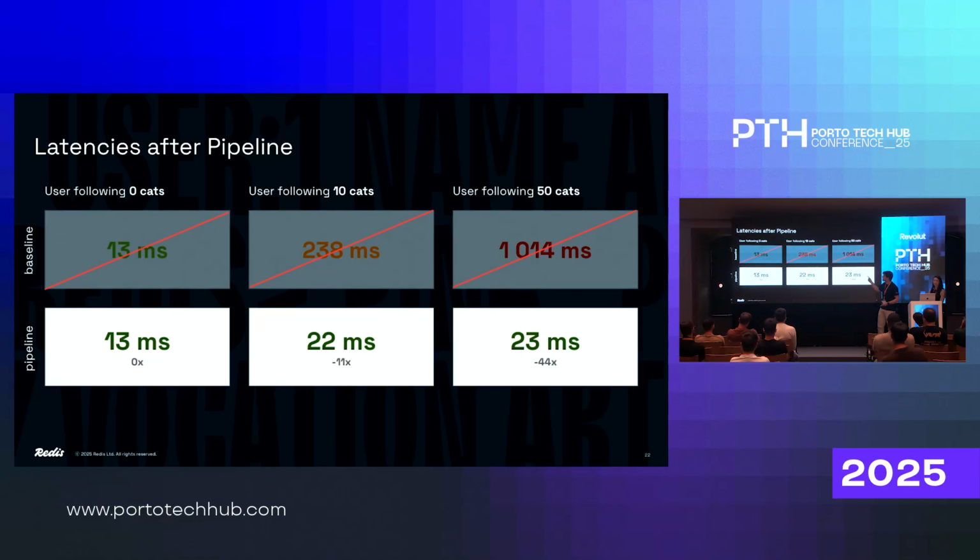So here we can see that the latency is more or less equal. So regardless of the number of cats that we follow, we experience more or less the same latency. So 22 milliseconds, 23 milliseconds for 50 cats. Okay, so if we refresh the whole thing, then we should expect more results. So the gain is pretty clear, right? So 1 second to 23 milliseconds.